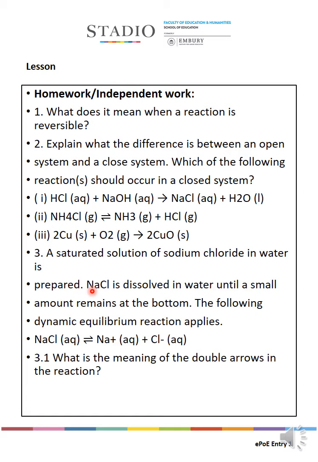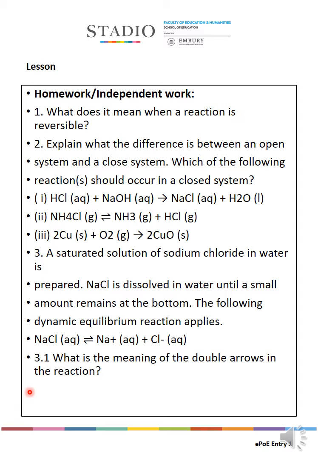Number 3, a saturated solution of sodium chloride in water is prepared, and sodium chloride is dissolved in water until small amounts remain at the bottom. Then the following equilibrium reaction applies. When this one dissolves in water, we get this one, in an aqueous state.